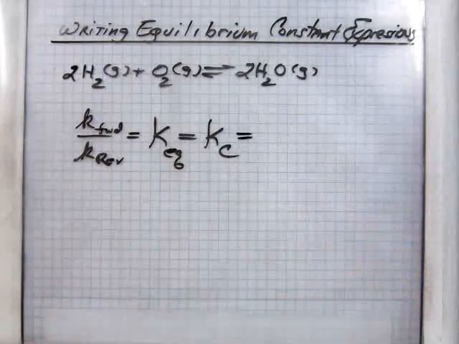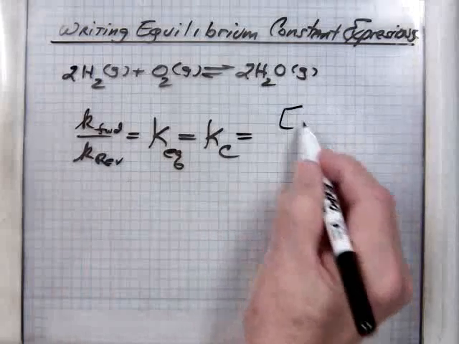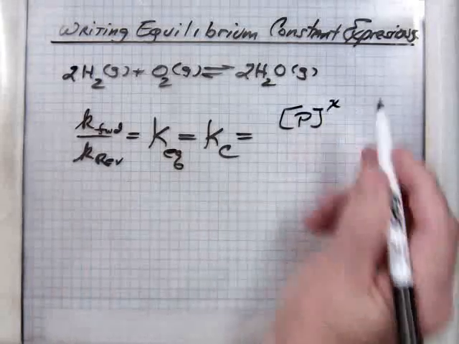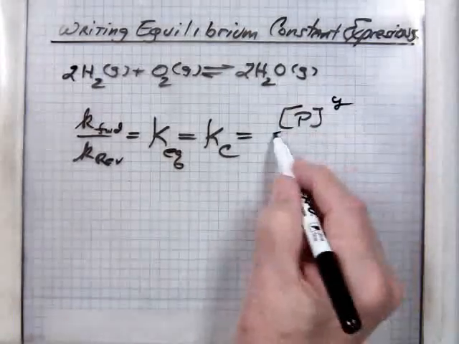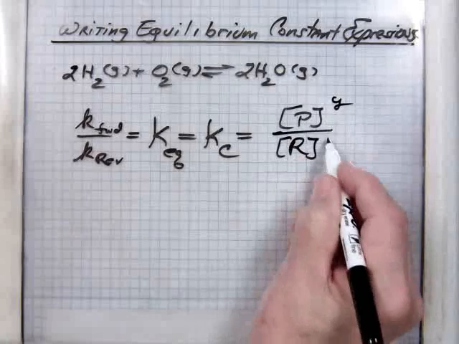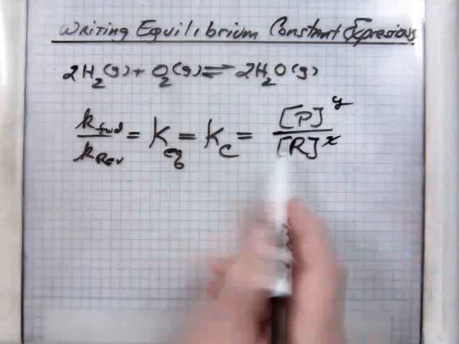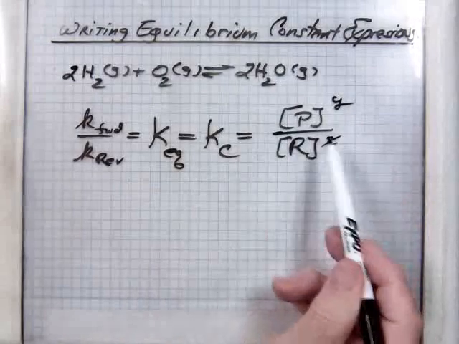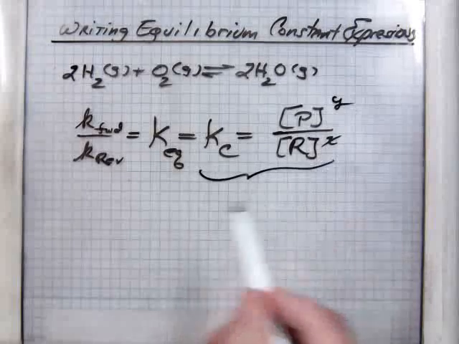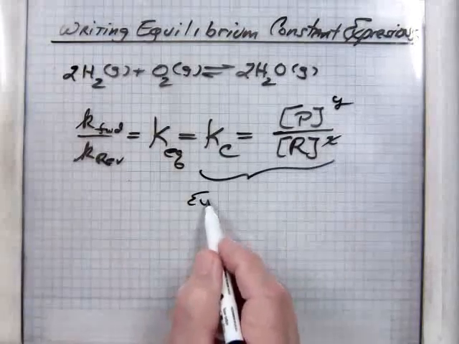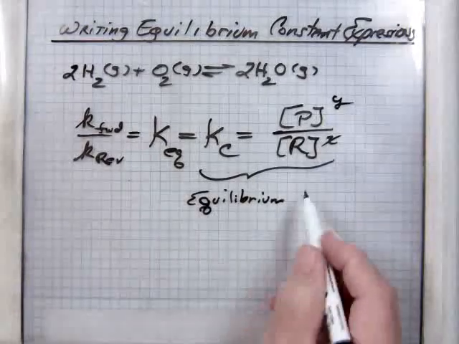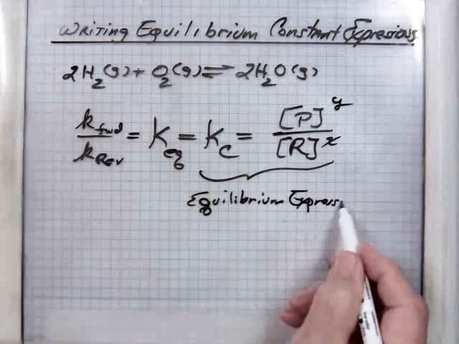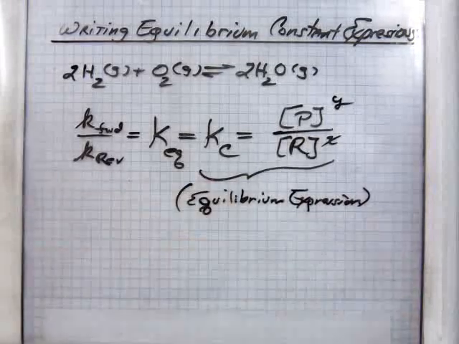And when we wrote the expression, it was products raised to the, say, y value, and reactants raised to the x value. So this is the order of entry into the expression. This is the equilibrium expression, or equilibrium equation, for the reaction that you're interested in.